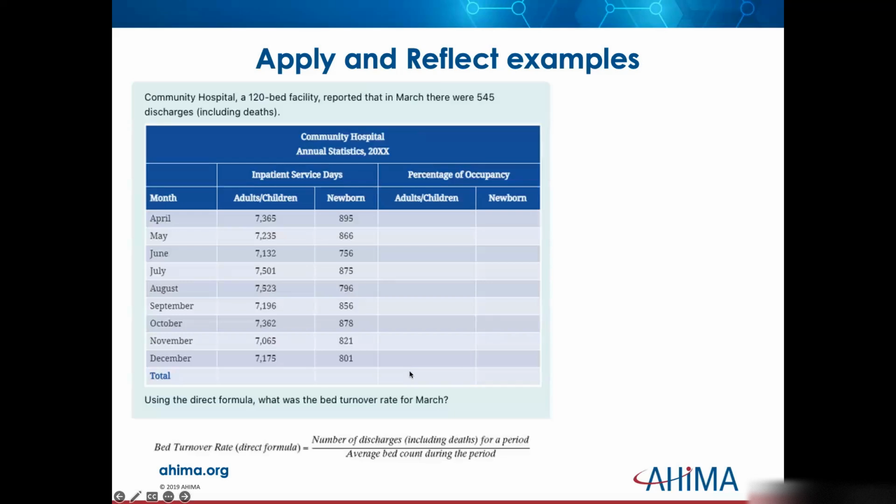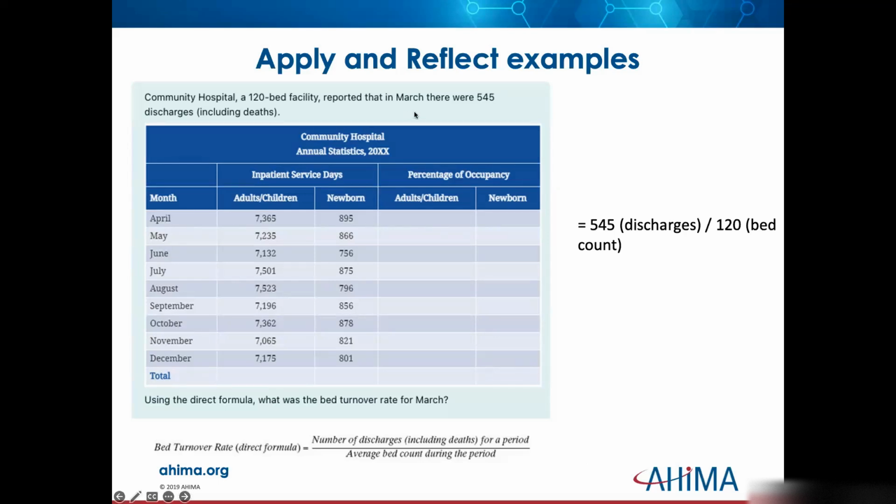Now, the bed turnover rate refers to the number of times a bed on average changes occupants during a given period. We look at the bed turnover rate going by the direct formula. It tells us, using the direct formula, what was the bed turnover rate for March. 545 discharges. How do we know?